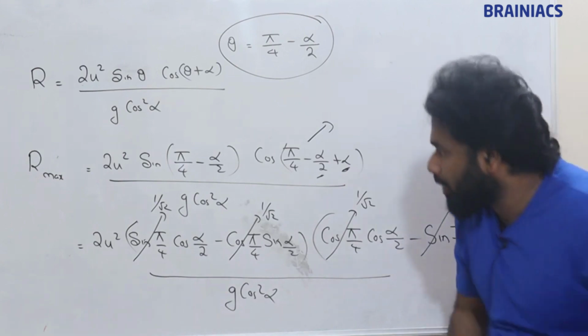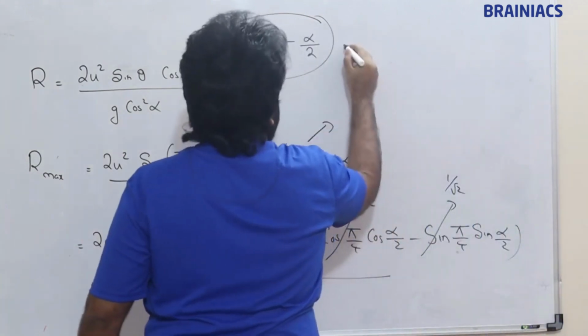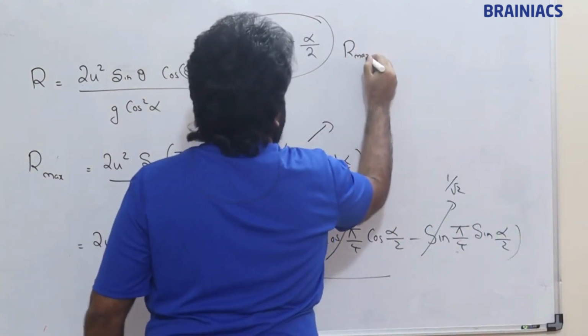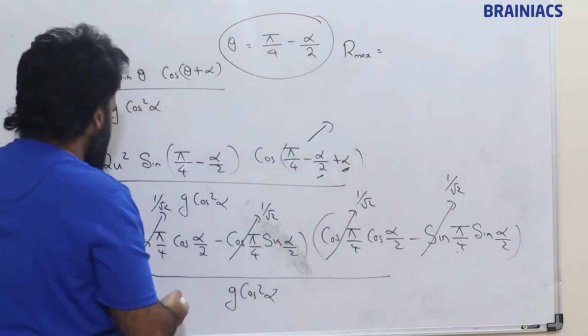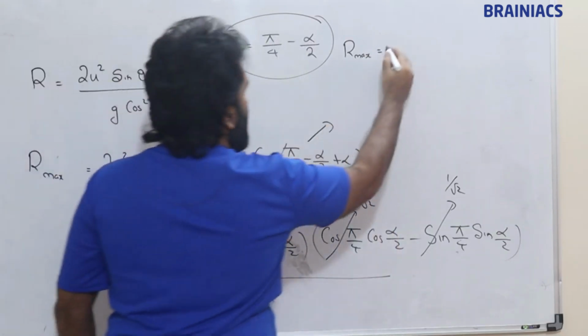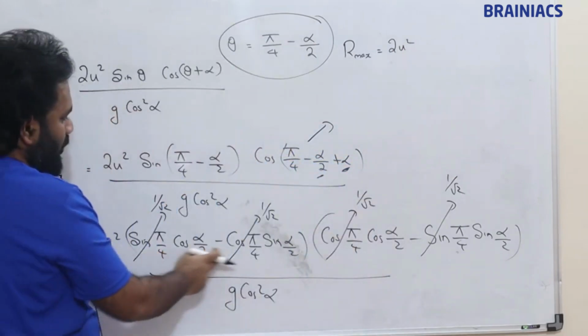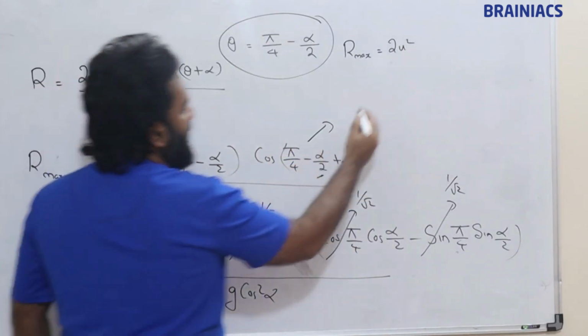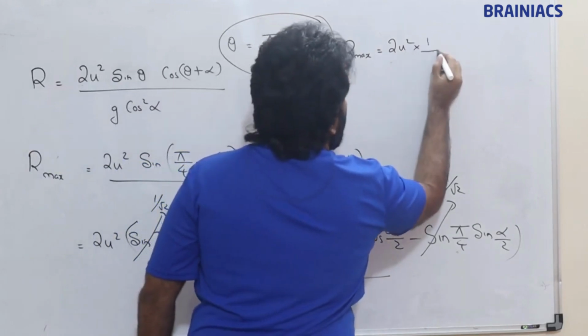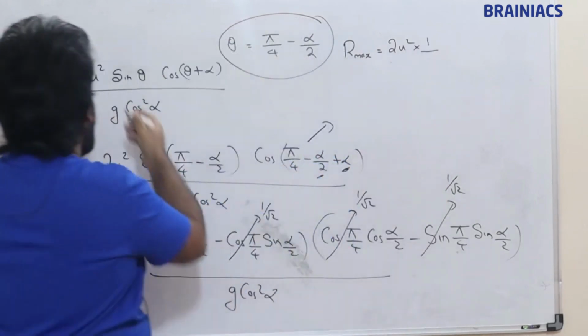So what I am going to write is R max is equal to 2u square, and here 1 by root 2, here 1 by root 2, I am taking it out.